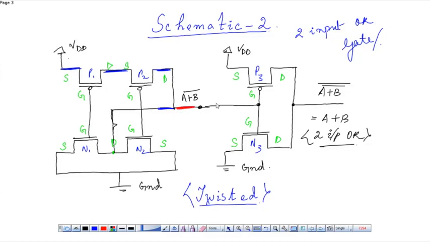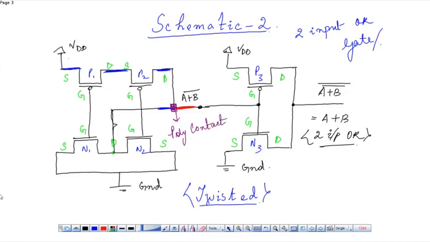We know poly is red in color, so there will be a connection over here, and the contact that will be placed will be purple in color. This is the poly contact.